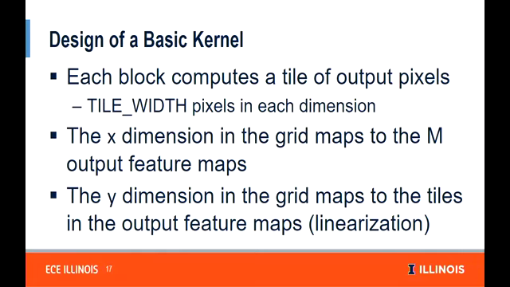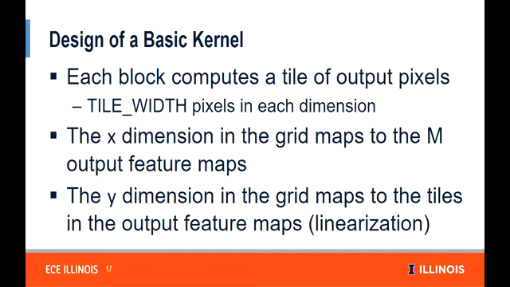So we're going to map the batched input into the z dimension, so that we can process all the inputs in the batch in parallel in one kernel. So we can use all 3 of these dimensions.